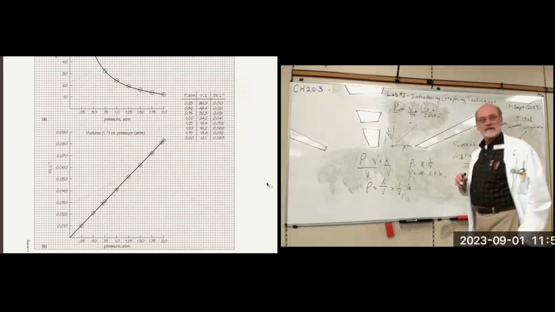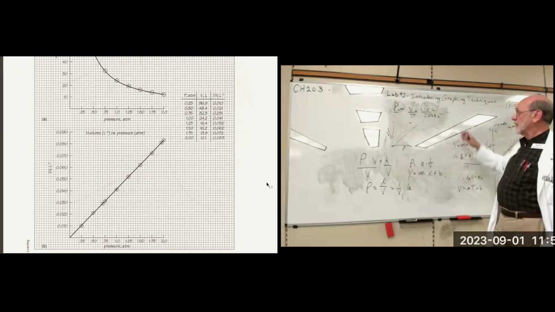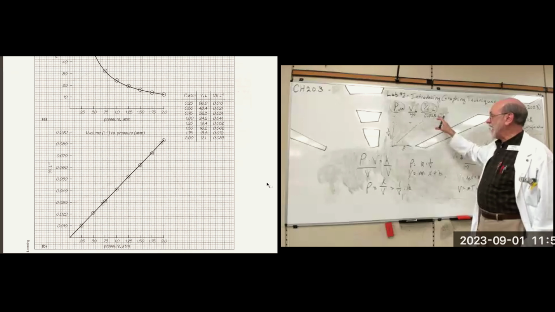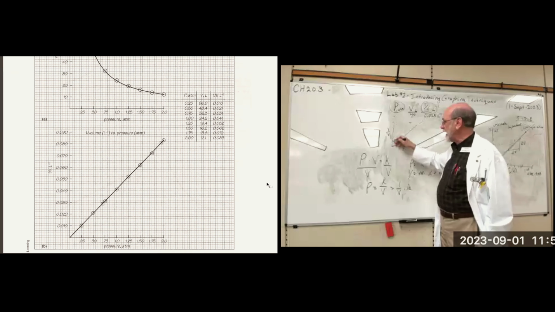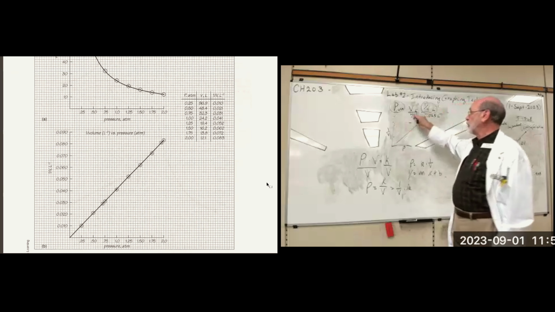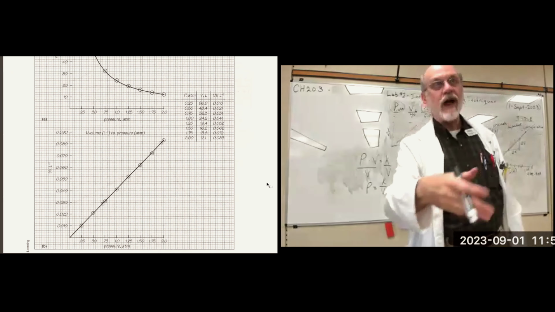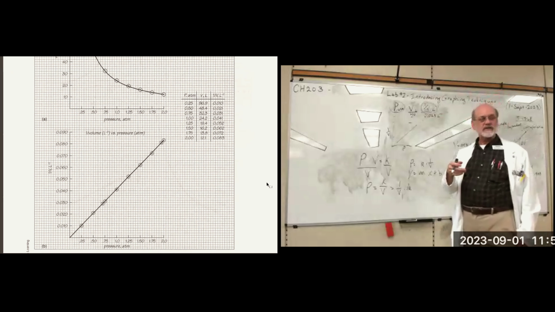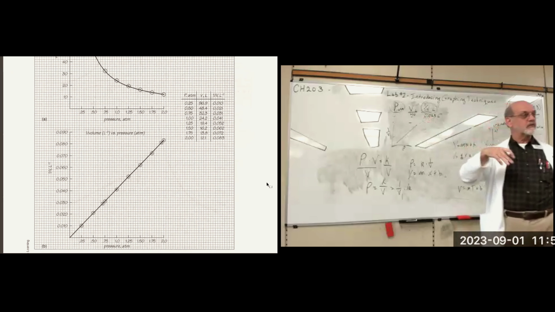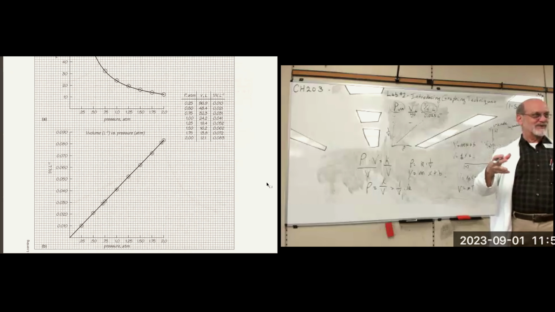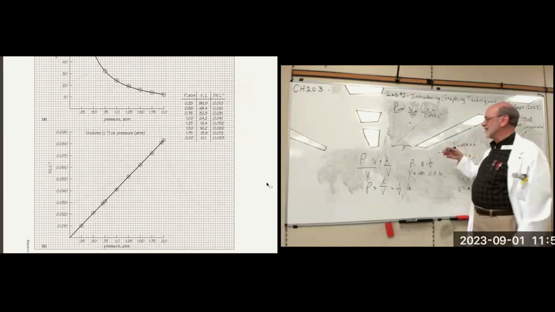I think it's right. All right. So if we say that we have plotted values here that are not 40, but they're 1/V, right? And you can see them there. They're fractions. They're small fractions. So that's what happens when you divide a big number into 1. You get small numbers. Okay.